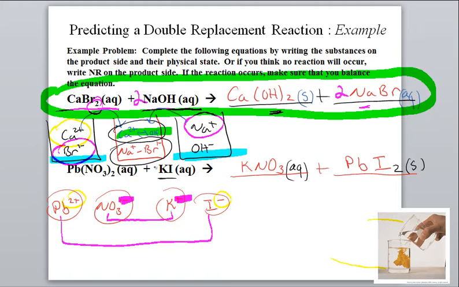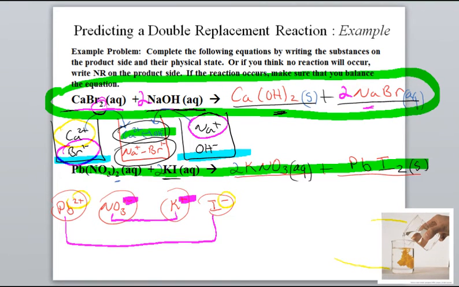And again, we could make tables, but we can visually look at it. 2 of those potassium iodide compounds, and now there's 2 potassiums on the reactant side, so putting a 2 there. 2 potassium nitrate compounds on the product side, but now there's 2 nitrates, but oh, that's good. We already have 2 nitrates. So there's our complete balanced chemical reaction with phase labels.